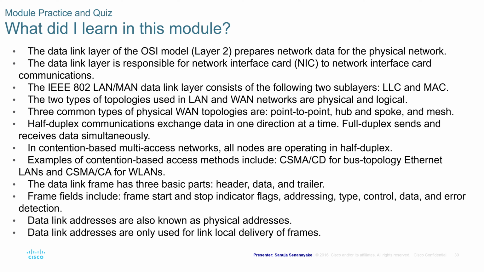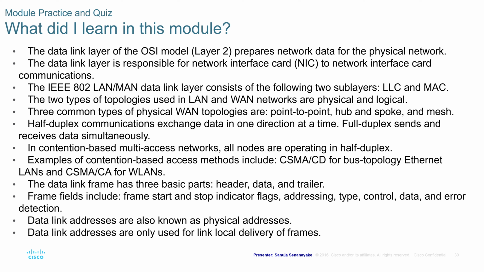Three common types of physical WAN topologies are point-to-point, hub and spoke, and mesh. You just need to know what they are. You don't need to know in depth, but you should understand the basic concepts behind point-to-point, hub and spoke, and mesh.